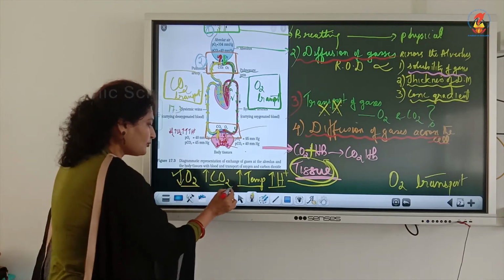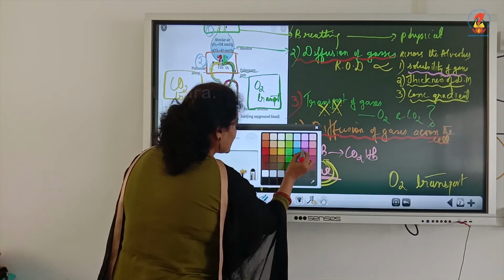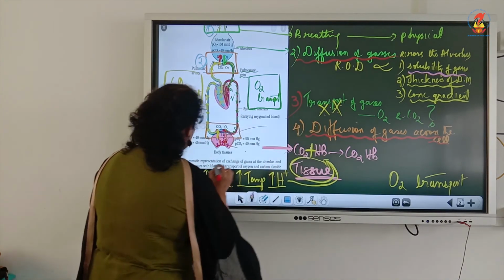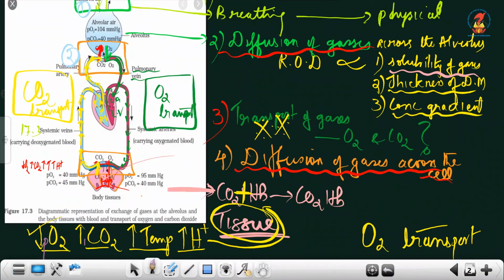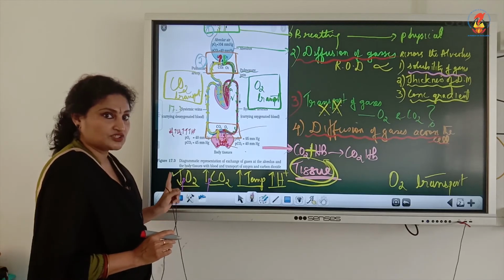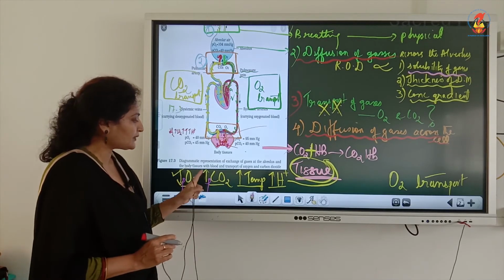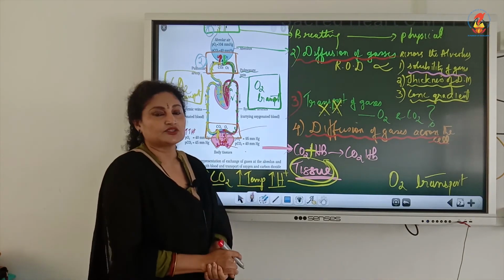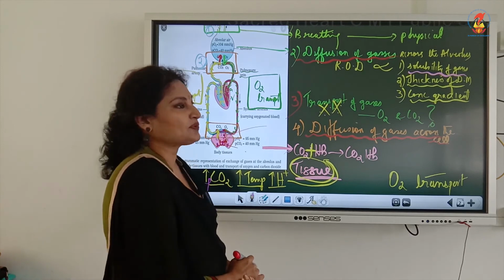Now I am going to prefix a violet P before the gases. Now it is complete. The partial pressure of oxygen is low, the partial pressure of carbon dioxide is high, the temperature is high, and the hydrogen ion concentration is high. What is this partial pressure?